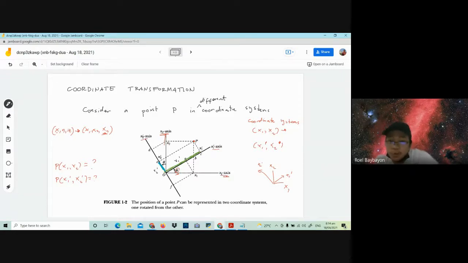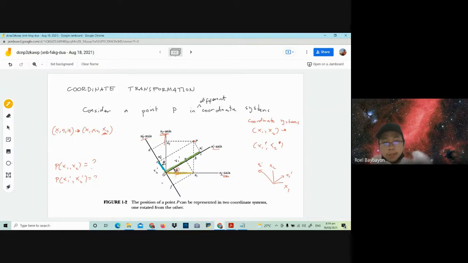Again, using trigonometry, how long is this green line in terms of x1?